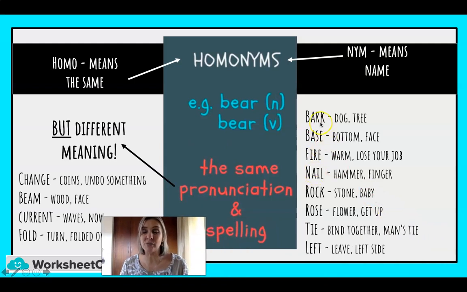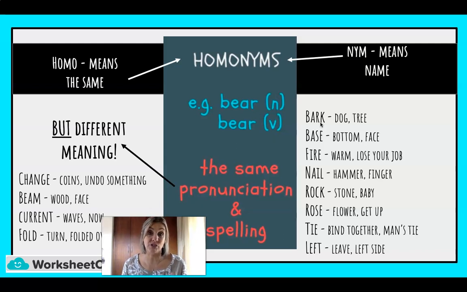Right, if we look at bark, we're talking about a tree and a dog. So the dog barks, the bark of the tree. Base, we're talking about the bottom of an object, or we're talking about things like this that women use as part of their makeup routine. Fire, we're talking about the warmth of a fire, or you get fired from your job, you lose your job. Nail, obviously the nails on your finger, and a nail and a hammer.